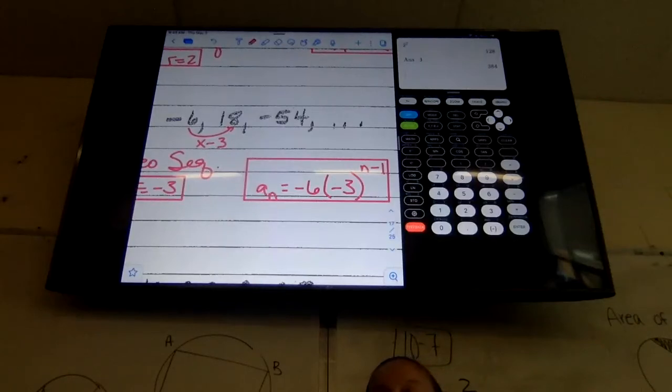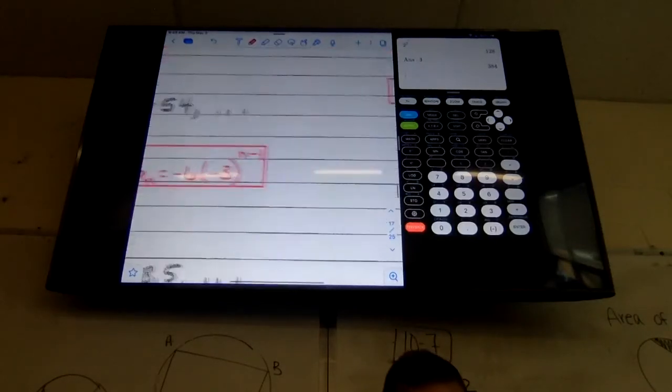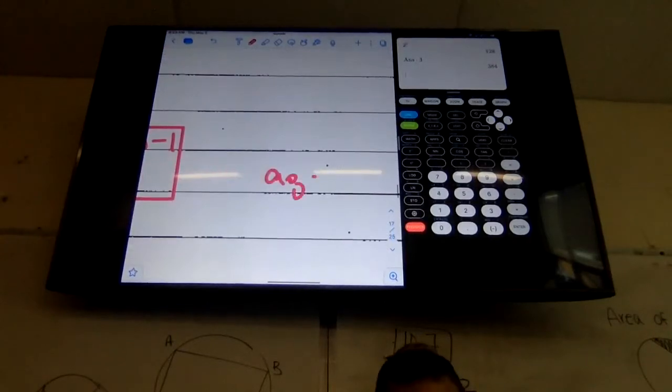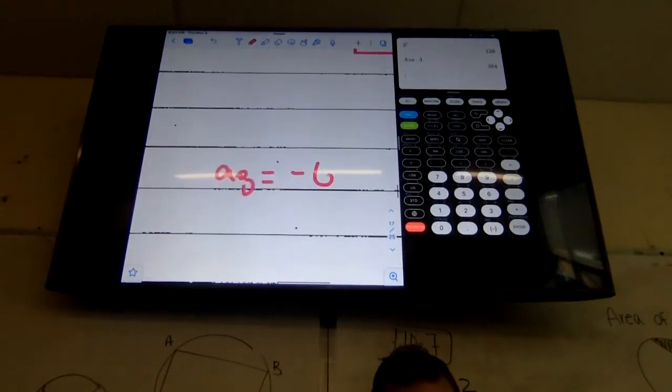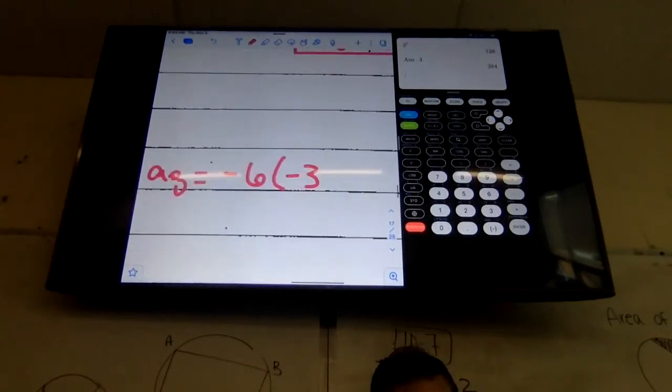Now what? Theo? Perfect. Good. And then we carry all the way through, and now it's just some calculator work.